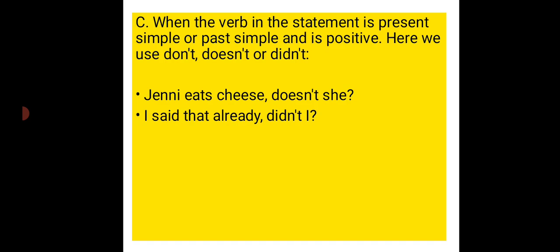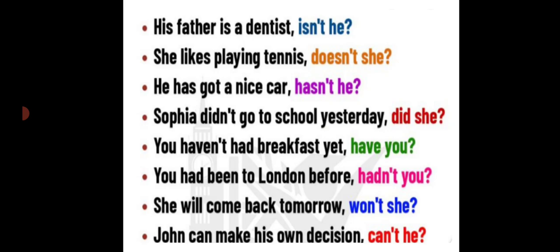Eat is a present simple tense. So you say, doesn't she, is the appropriate question tag. I said that already. Said is a past simple tense, and it's in a positive form, because there's no not there. So the appropriate question tag will be didn't I?